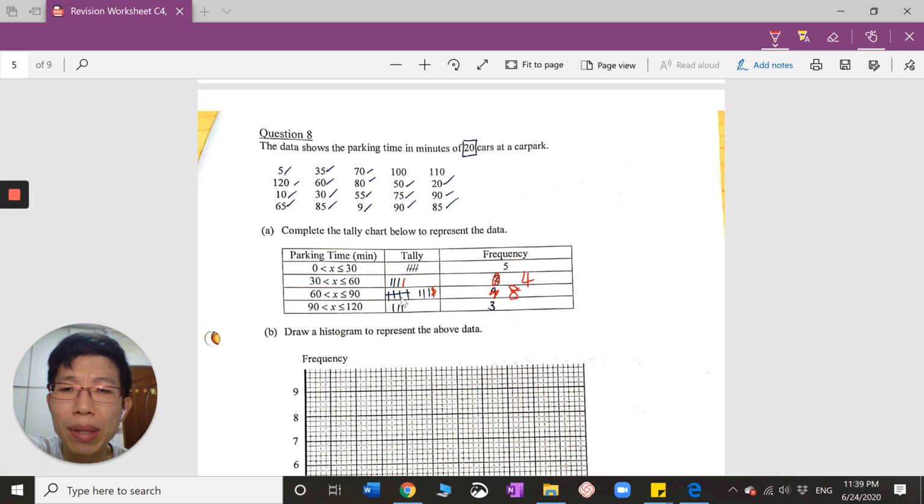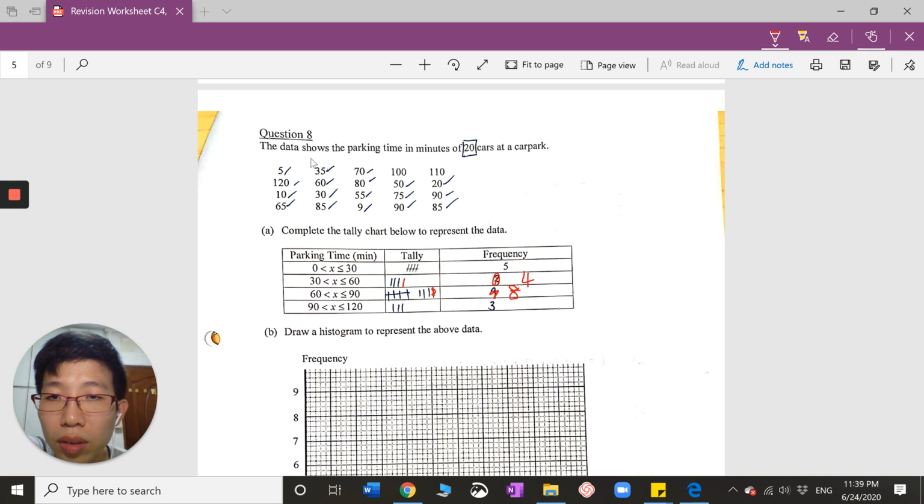So this tally, like I mentioned, is just to record down how many times this particular data fits in this class interval. This one is an example of grouped data, whereby you group all the data in a particular range. So for the data between 30 to 60, there are 4 of them.